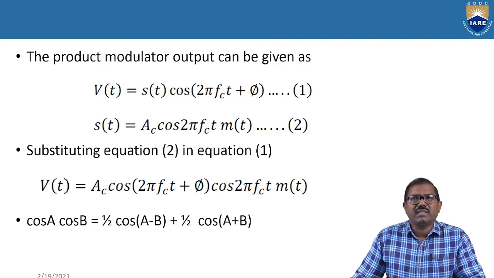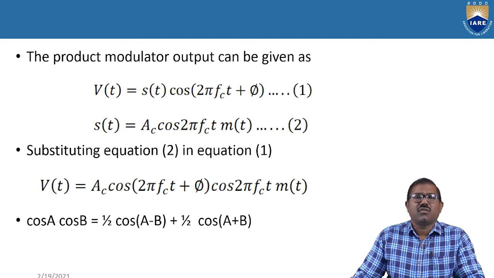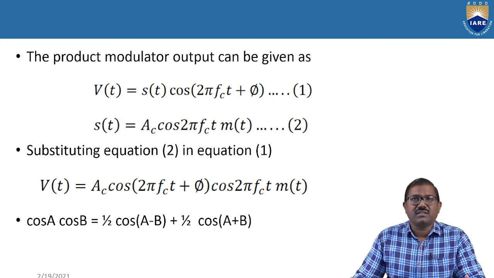The product modulator output is v of t, which is equal to s of t into cos(2 pi fc t plus phi). That means the modulated DSB SC signal is multiplied with this carrier signal c of t, cos(2 pi fc t plus phi).